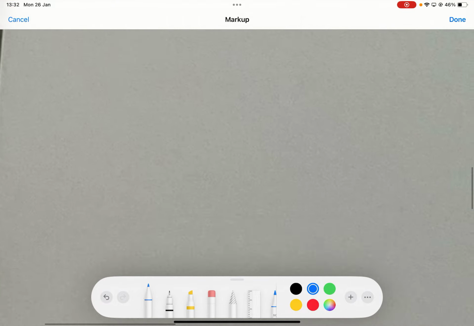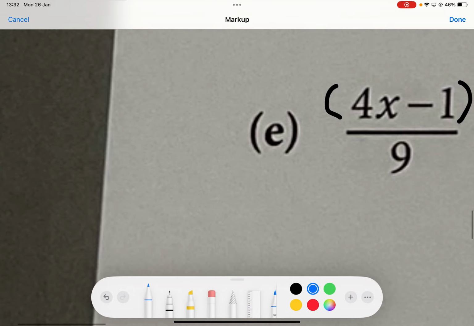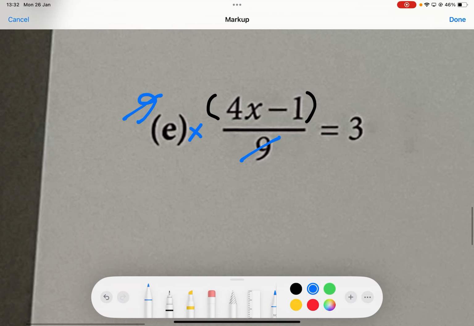So the idea here is the same. I don't want the 9. I don't want there to be a fraction. So I need to multiply by 9. What will be the effect of multiplying 9? My 9 will cancel with the 9. Then I no longer have a fraction. But because this is an equation, if I want to multiply 9, I must also multiply 9 on the other side.